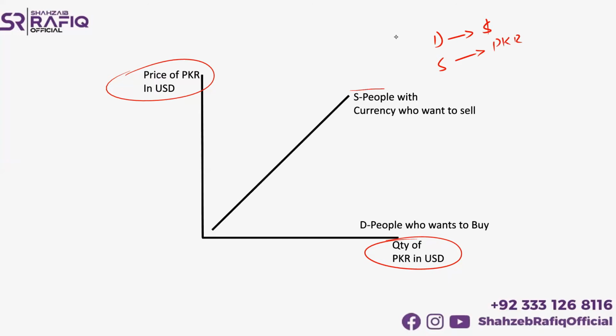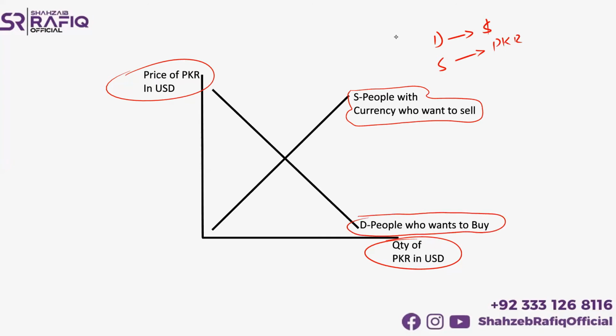This is the supply curve. It means we are buying more of dollar against the PKR. We are selling PKR, and this is the demand curve, which represents the buying of USD. This is the equilibrium point where the demand and supply intersect, and this is your market price at this quantity.